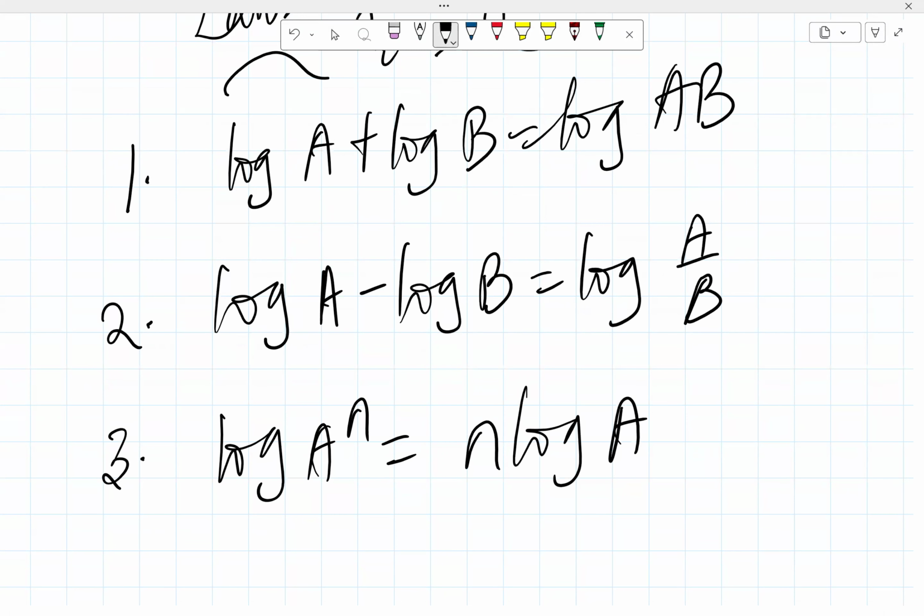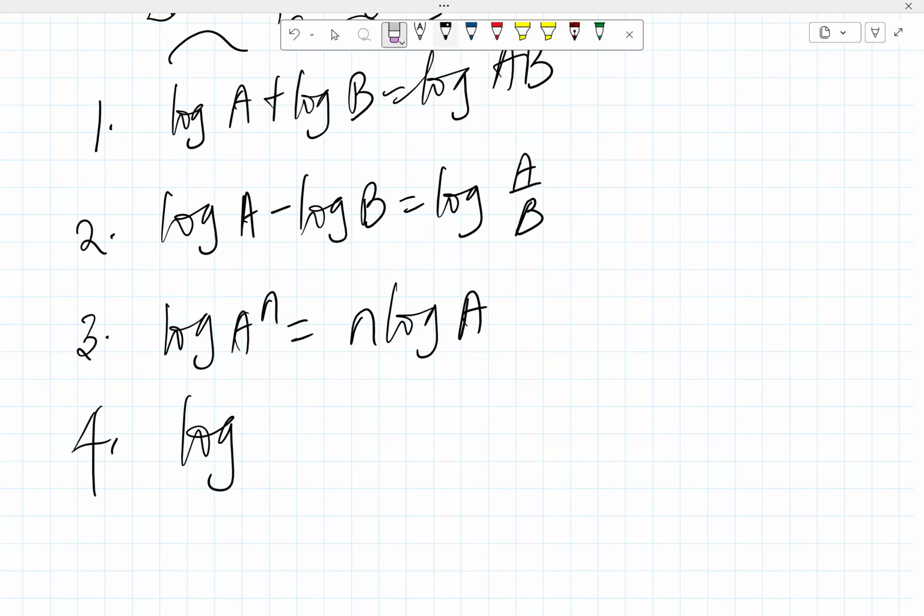These are three popular ones we know. But then we have other ones like this. Number four, log 1 is simply zero because 10 raised to power zero is one. That's a very direct one.